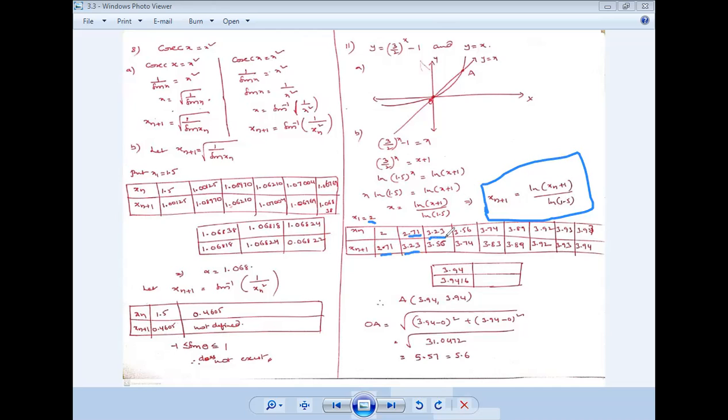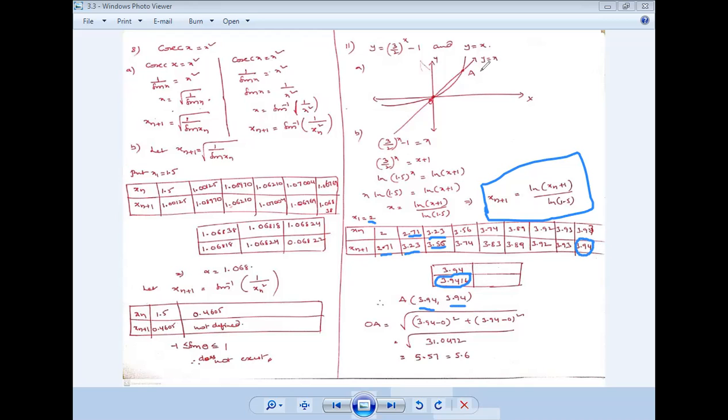Again, substitute for x3, you will get this one. Continuously do it, and after some substitutions you will get the same repeated value, 3.94, 3.94, 3.94. They're asking us to write 2 decimal places only, so 3.94 is the value, and the y value is also approximately 3.94.